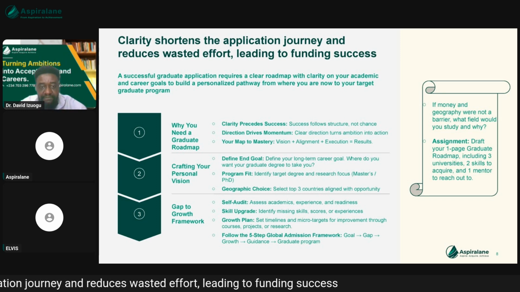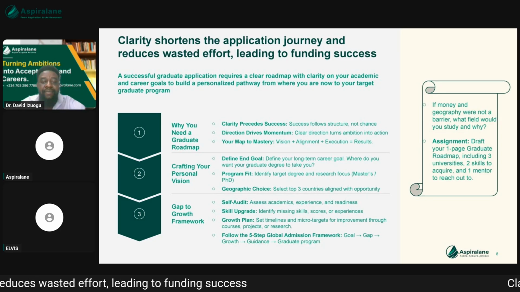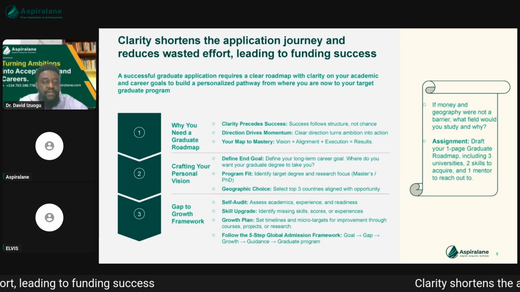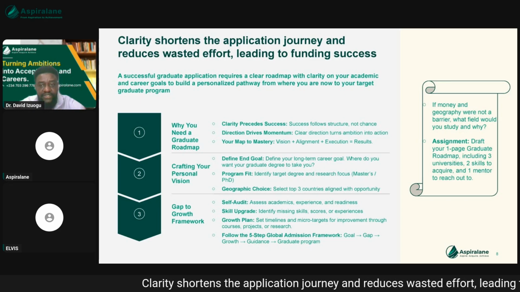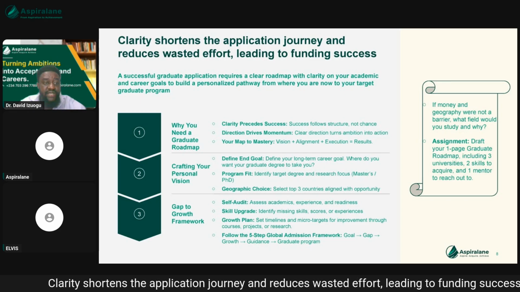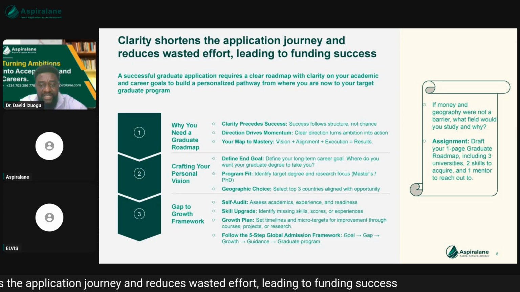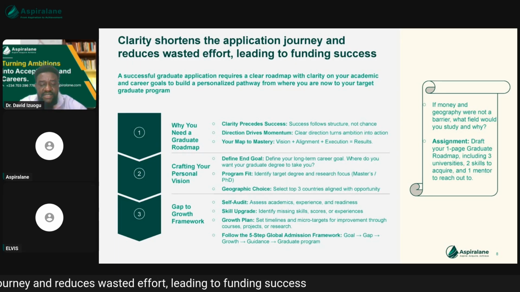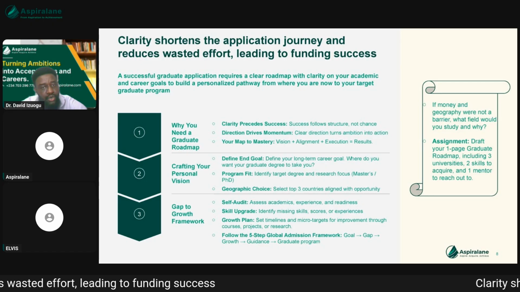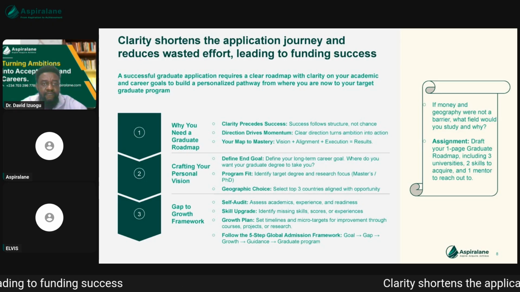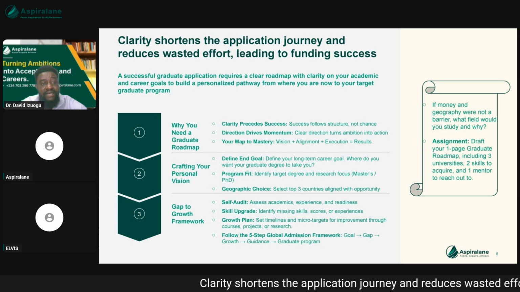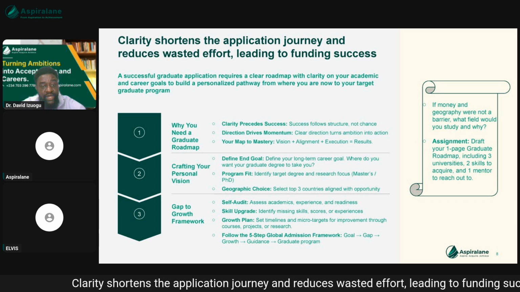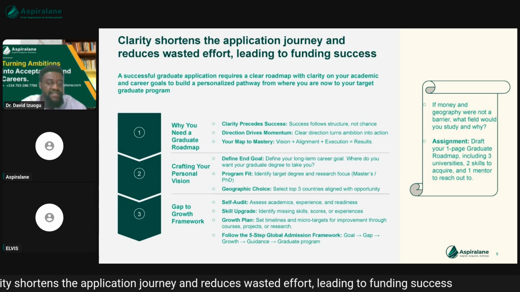And we ended by mapping out the 5-step global admission framework that will allow you to fully prepare your mind and your experience and everything even before you start preparing your documents. And I mentioned that it clearly starts from the end goal, which we are saying you must define. Because once you've defined it, you are able to understand the gap that exists between where you are and that particular angle.